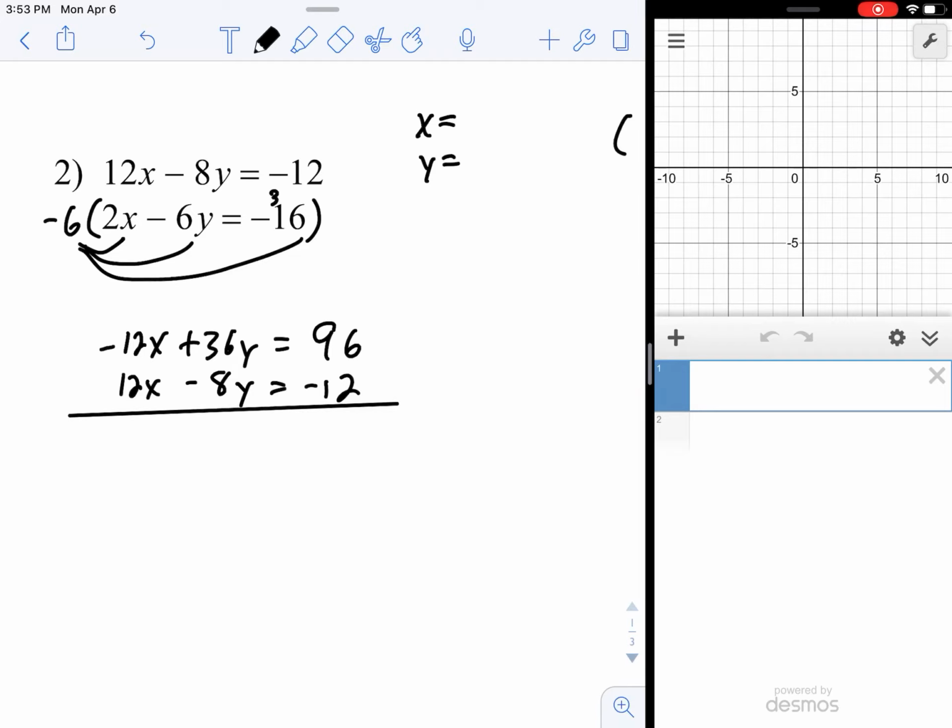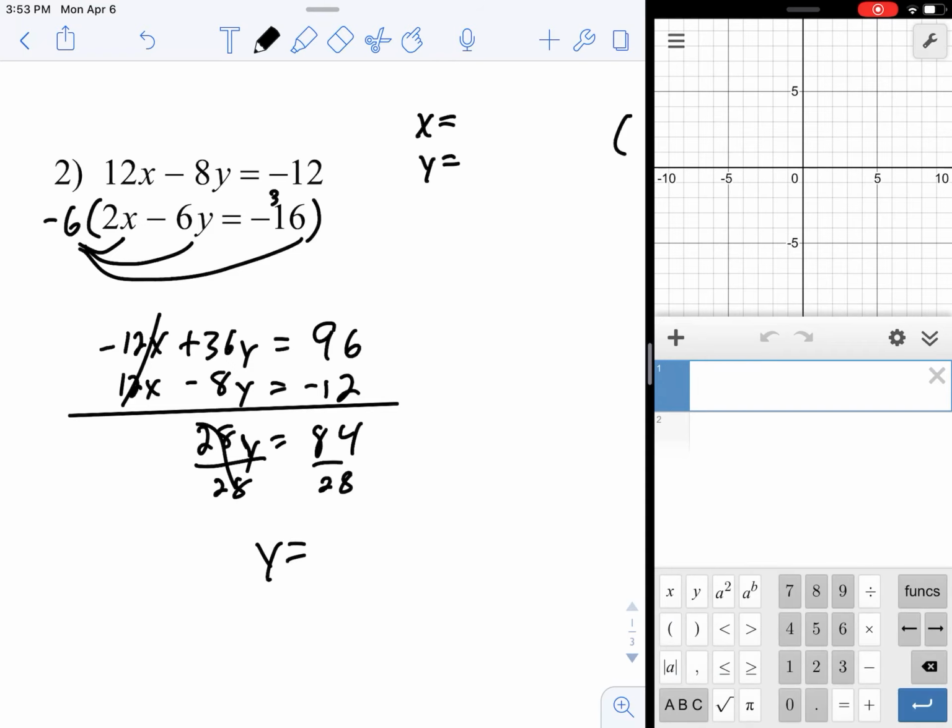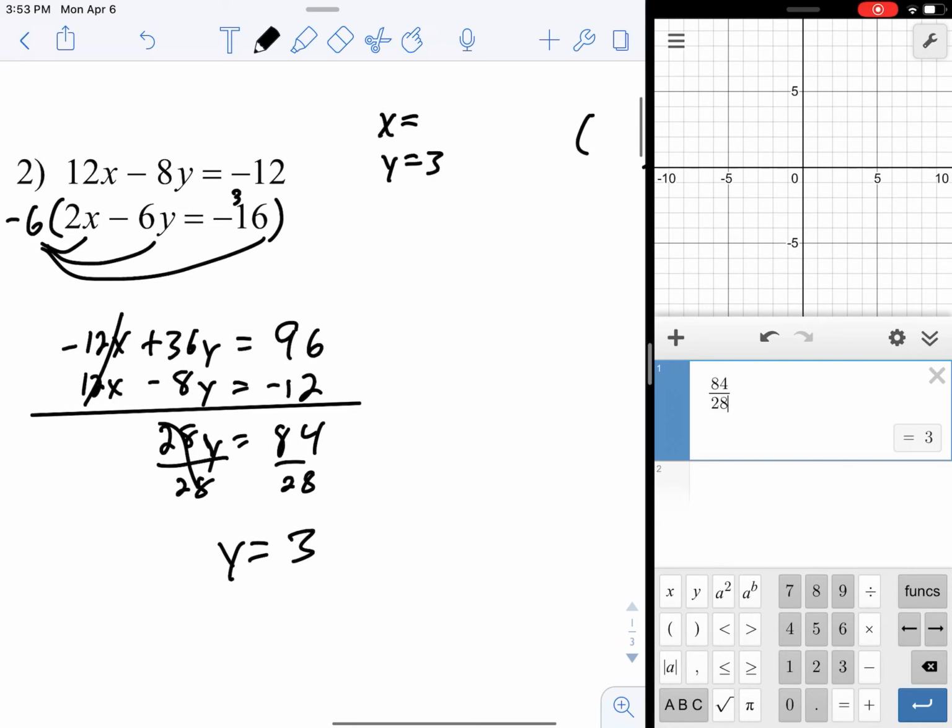The negative 12x plus 12x cancels. 36y plus negative 8y is 28y. Over here, 96 minus 12 is 84. Divide both sides by 28. I believe 84 divided by 28 is 3, but you know what? Yep, 3. So my y answer is 3.